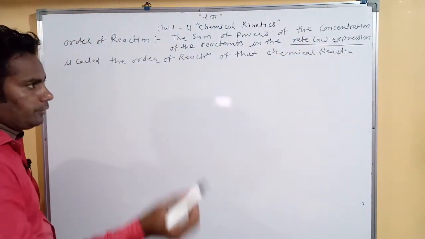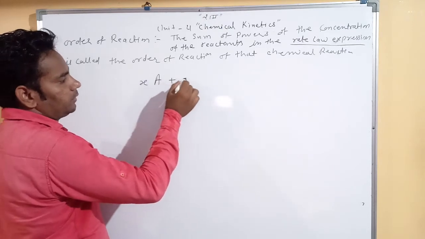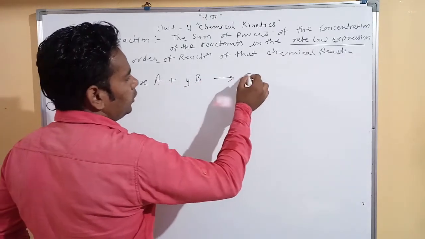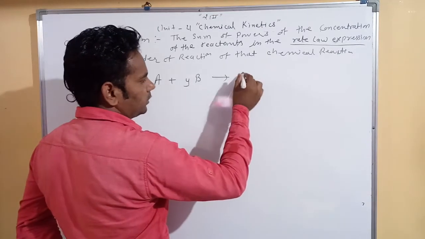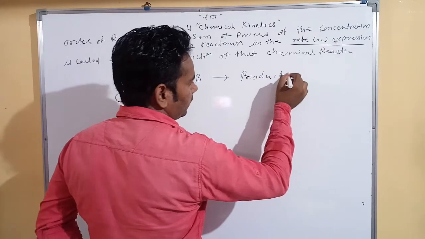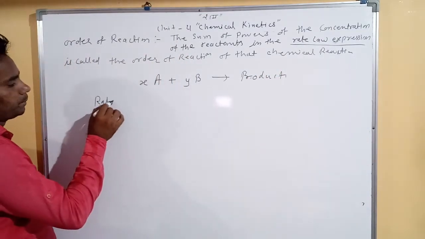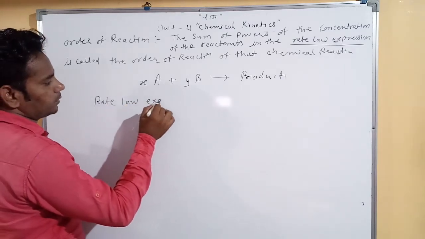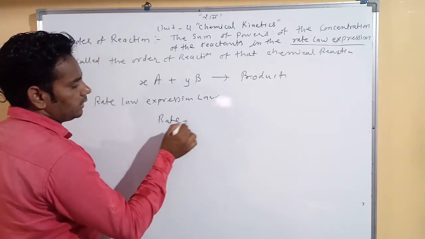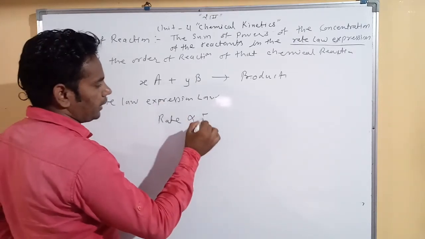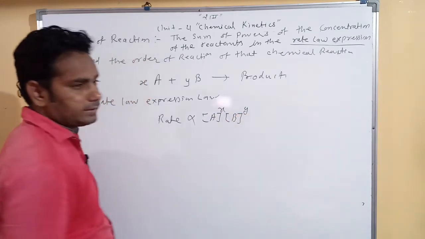In rate law expression we already know one reaction: xA plus yB converts into products. We do not mention our product here. So the rate expression law: rate is directly proportional to the active mass of A and active mass of B, and the powers are x and y.